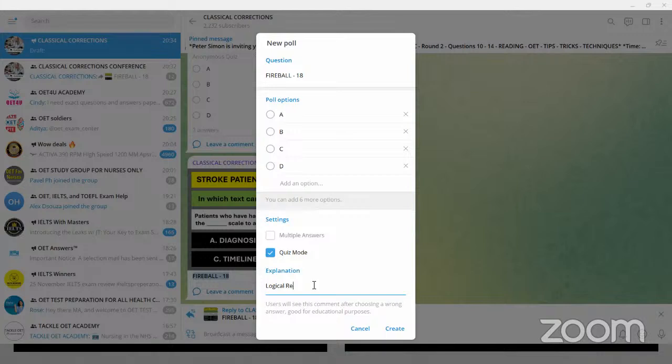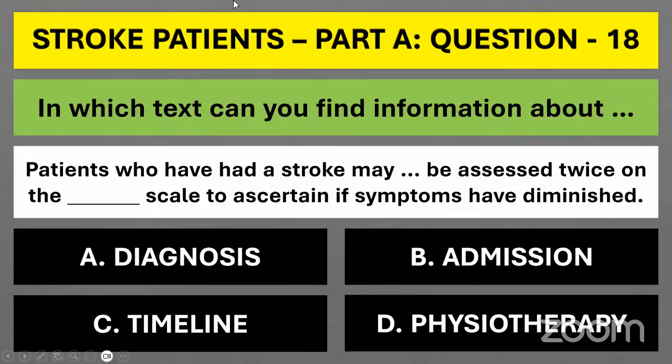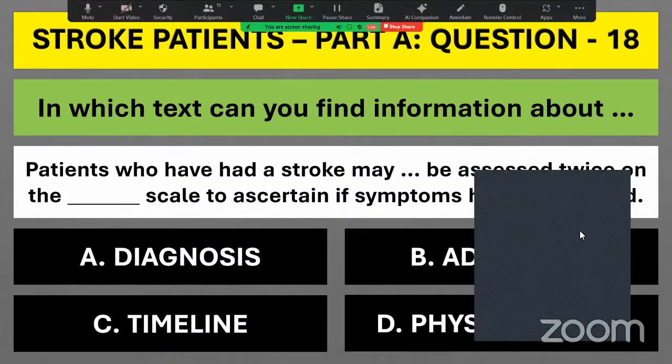Logical reasoning approach. Where do you think this is? Thank you, Mira.